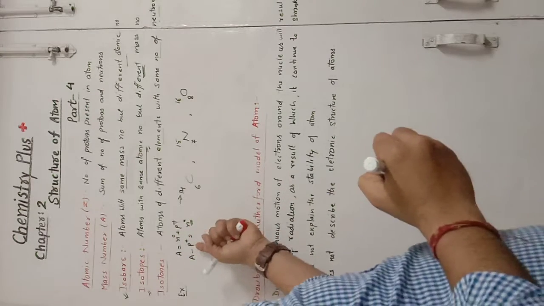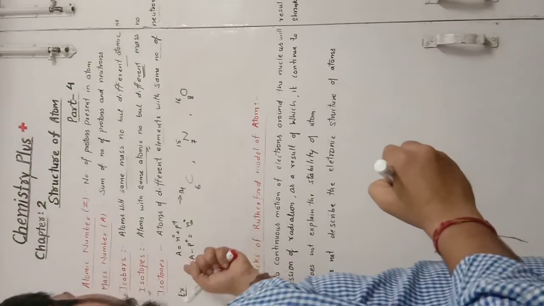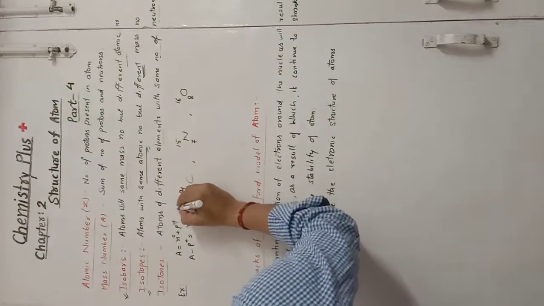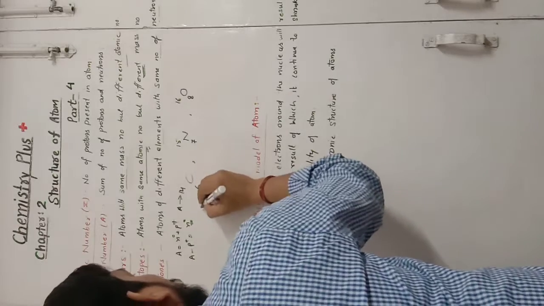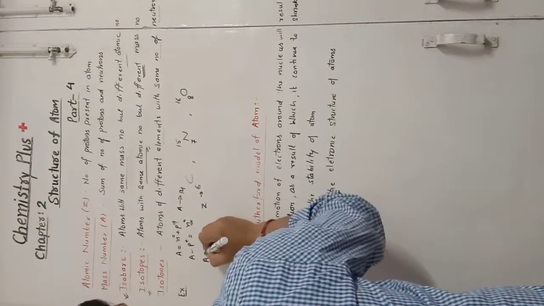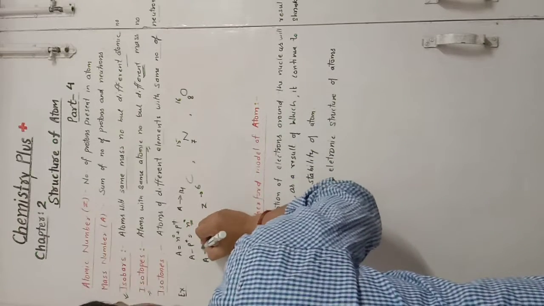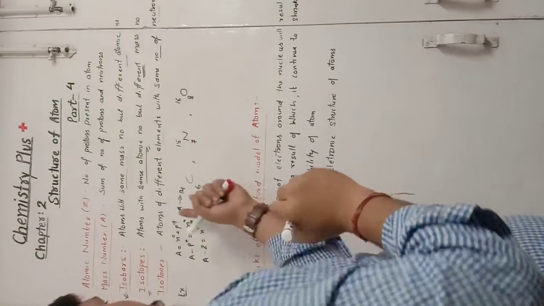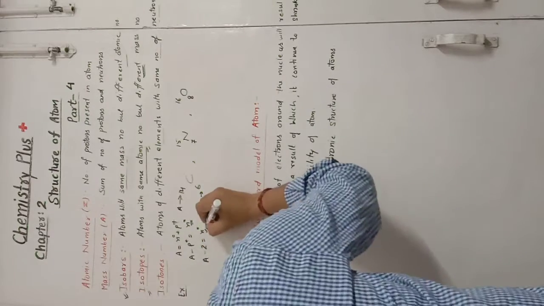If we subtract the number of protons from the mass number, we can get the number of neutrons. So this is our A and this is our Z, or we can also write it as A minus Z, because the number of protons is also equal to the atomic number, that is equal to the number of neutrons. So if we just subtract these two, we get the number of neutrons.